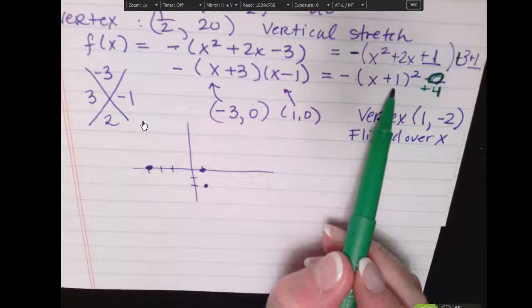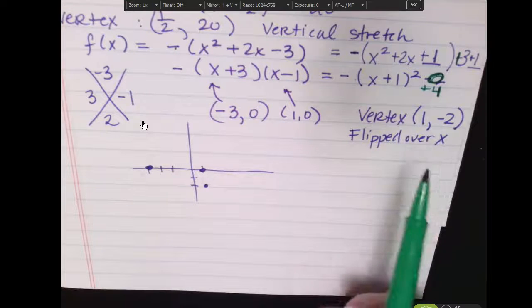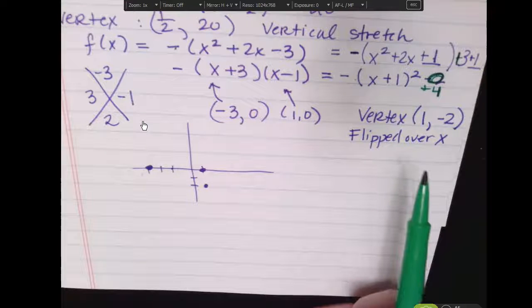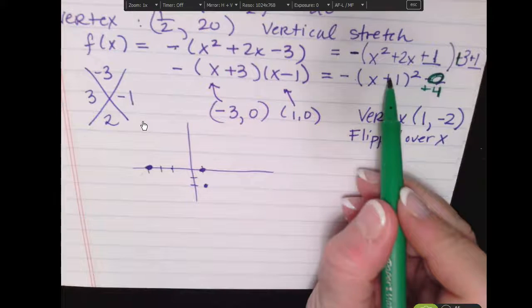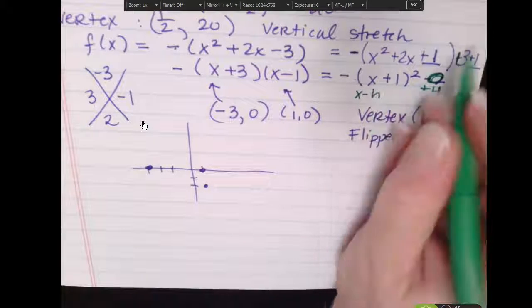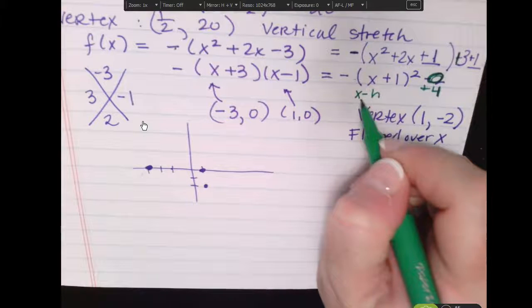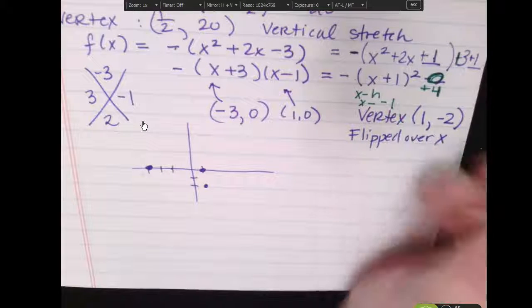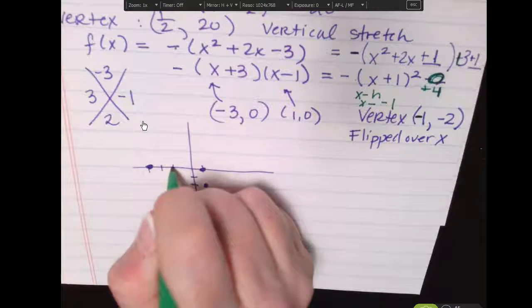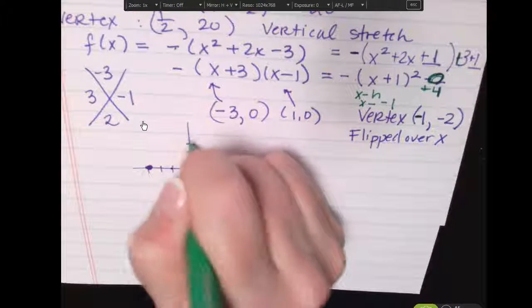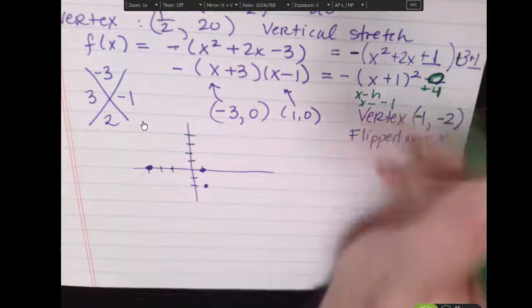X plus 1 squared gives me a plus 2x. Oh, so my vertex, if this is plus 1, remember it's x minus h, so a plus 1 means it's x minus minus 1. So my h is negative 1, and my k is plus 4.